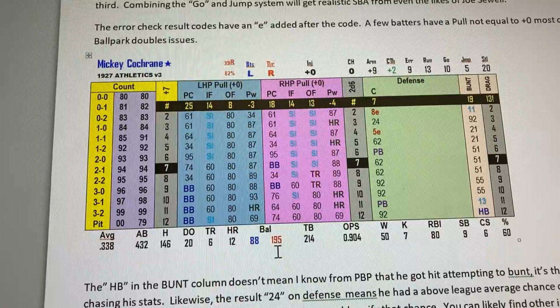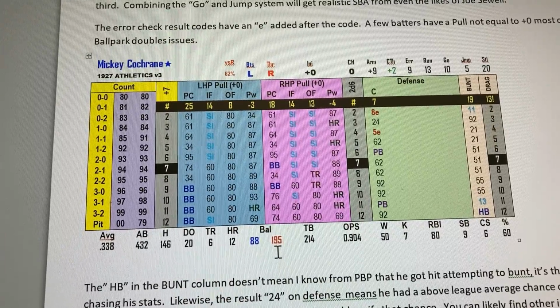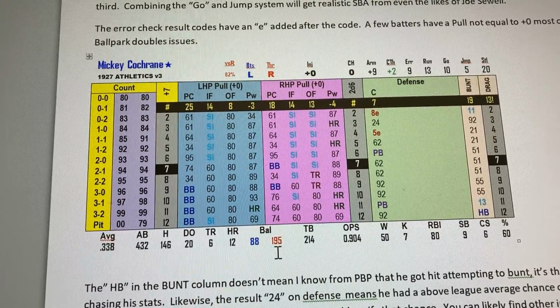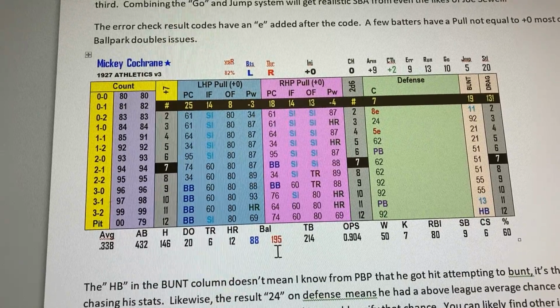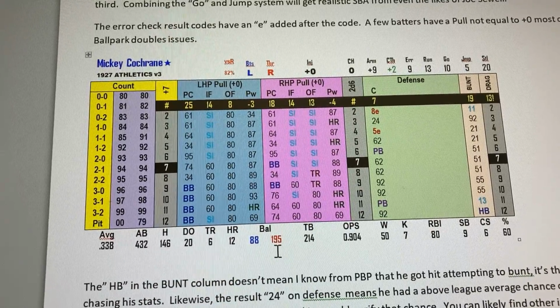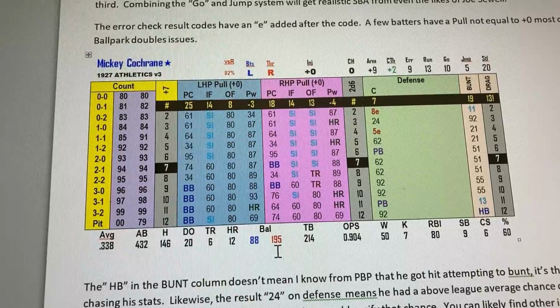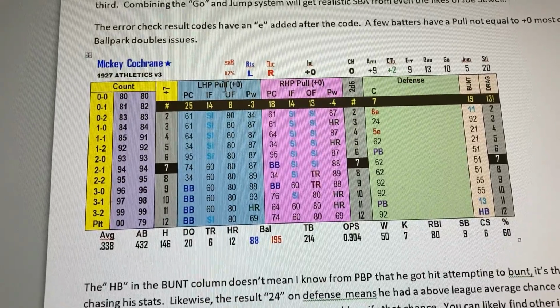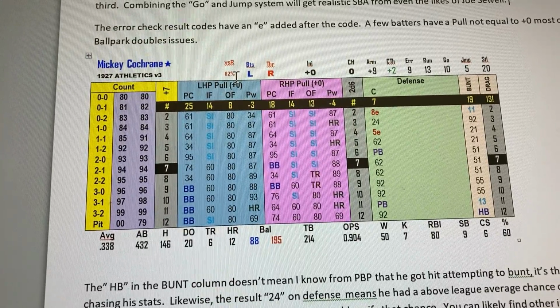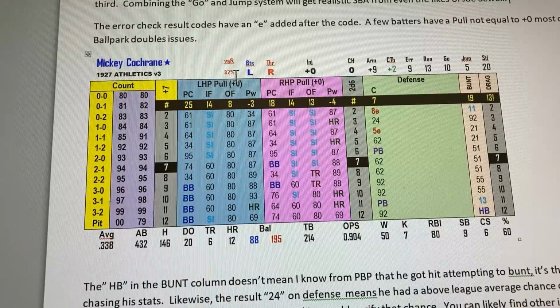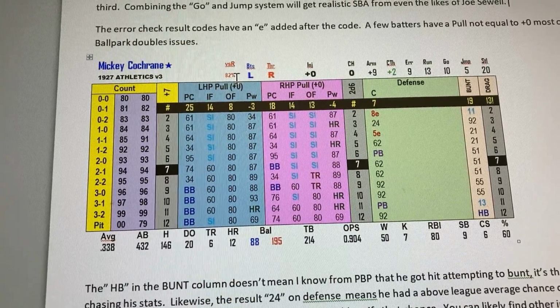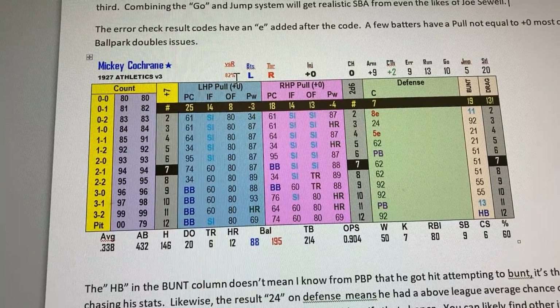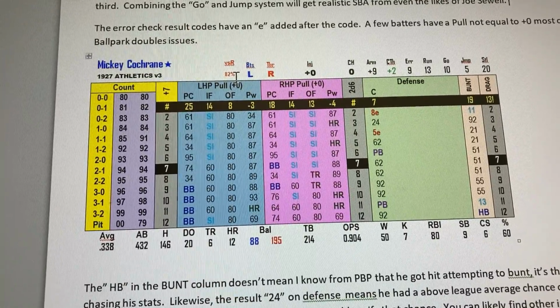I did not track lefty-righty splits for accuracy. I was chasing total stats accuracy. So he might not really have been this diverse, although 82% of the time facing right-handed pitchers from the as-played lineups, it's close to that also. It looks like his manager back then also didn't want him facing lefties very much.